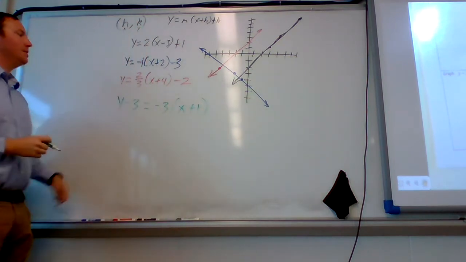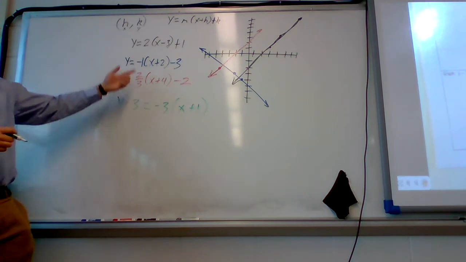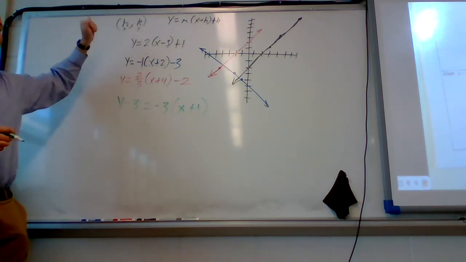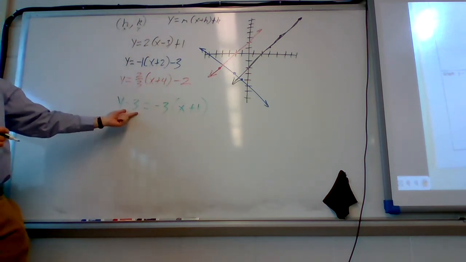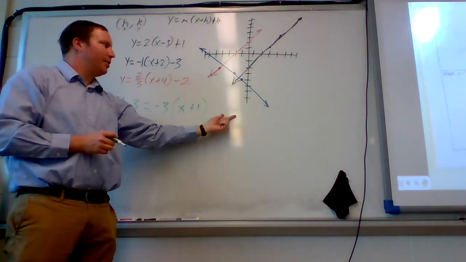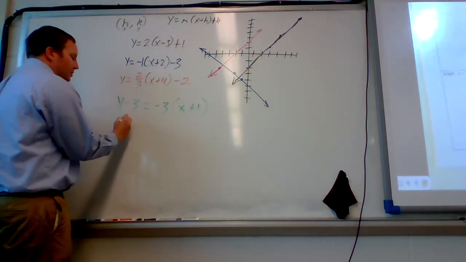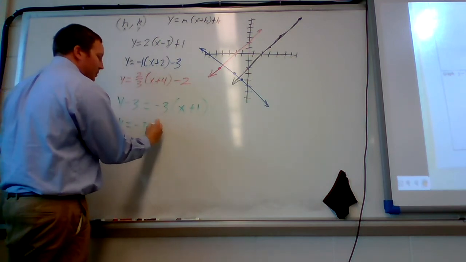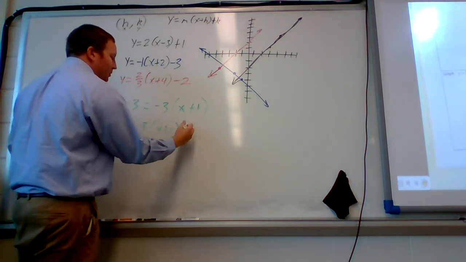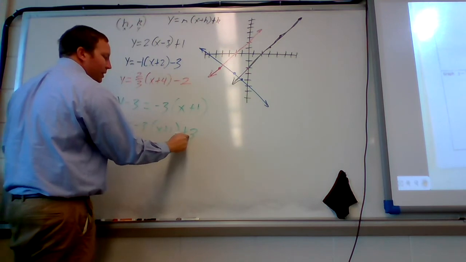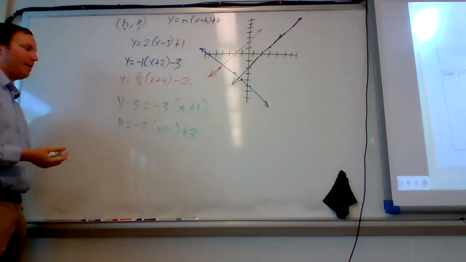All I've done is change the location of our k value, or our y value on the point. All we have to do is move it back over, and it's in that same form. We get y equals negative 3(x plus 1) plus 3, and then we can graph it.